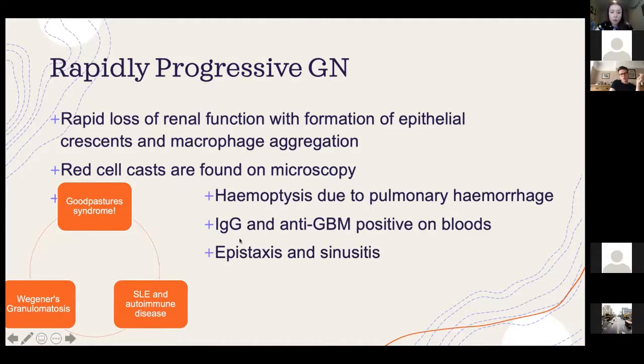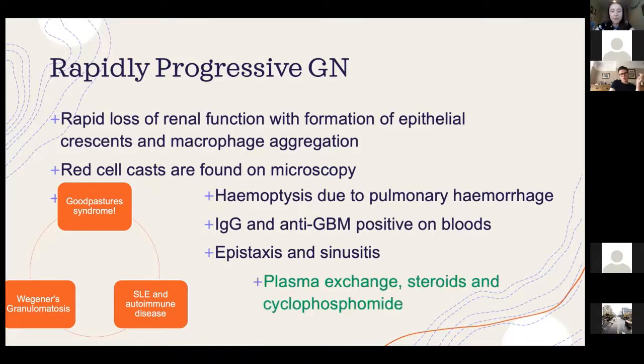The other presentation is with epistaxis and sinusitis, which you get more typically in Wegener's granulomatosis. So you get nephropathy, epistaxis, and sinusitis. The mainstay for management here is a little bit different. You still want to immunosuppress them with steroids and cyclophosphamide, but you might end up considering plasma exchange in these patients.